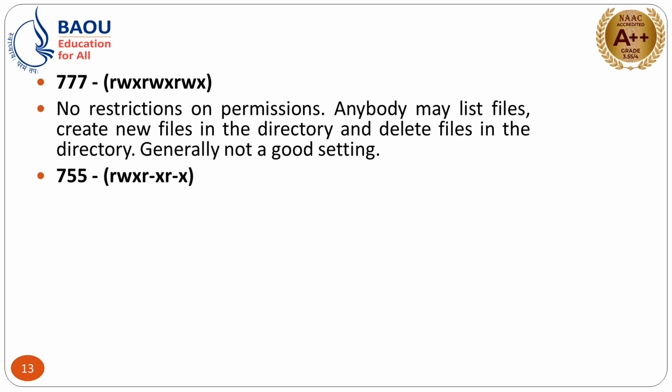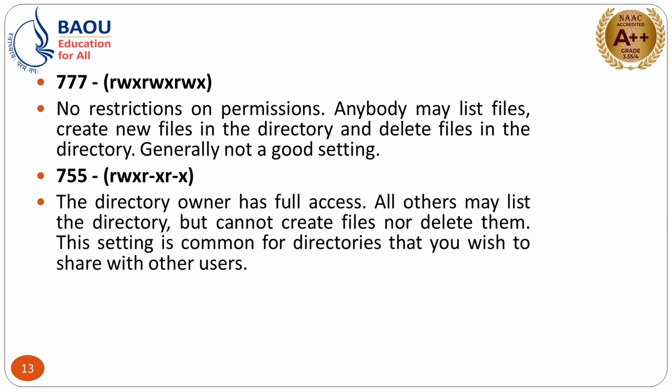If you are using the 755 option, then you can see rwx, that means the owner has all three rights, the group user has only read access, only the owner has access to create files, but the group and others have no access to create, rename or delete files.